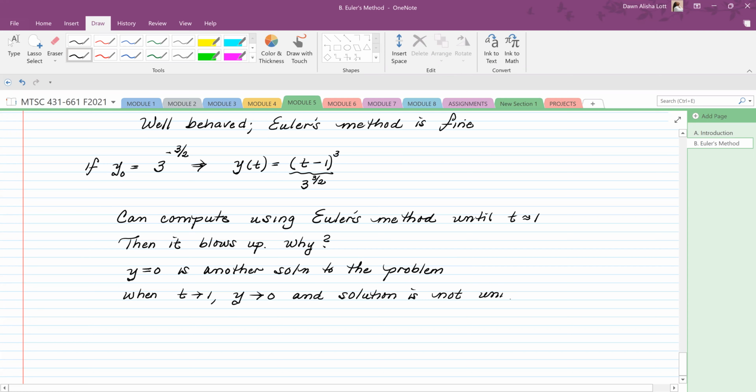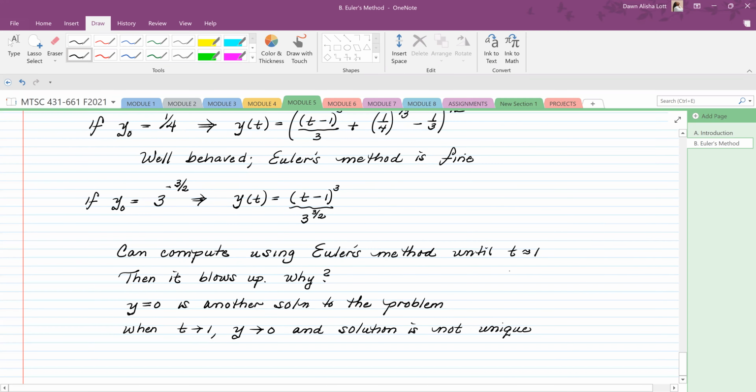So you need to make sure that your solution exists and is unique.